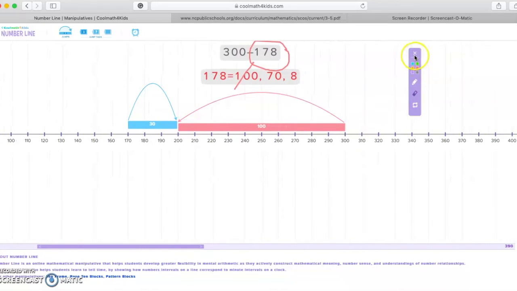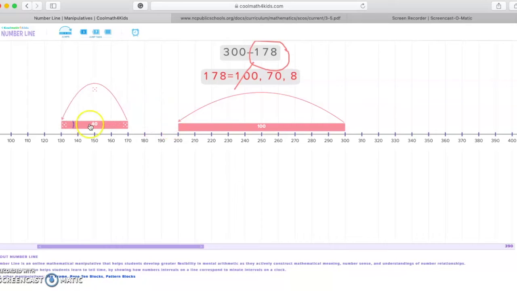Okay. So since I've already jumped my 100, now I'm going to jump 70. So I'm going back, so it needs to be in the red. So I'm going to line this up with 200 because that was my last number, and I'm going to go back 70. And this leaves me at 130.